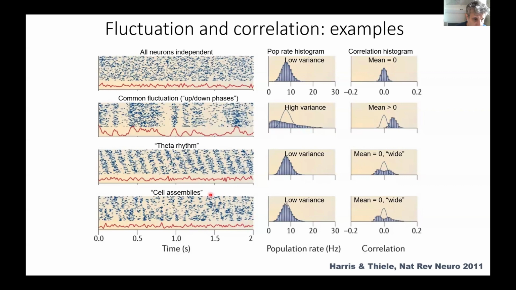You can also have this organization of cell assemblies where you've got different groups of cells firing at different moments, again with this low variance, but with a wide distribution of correlations.